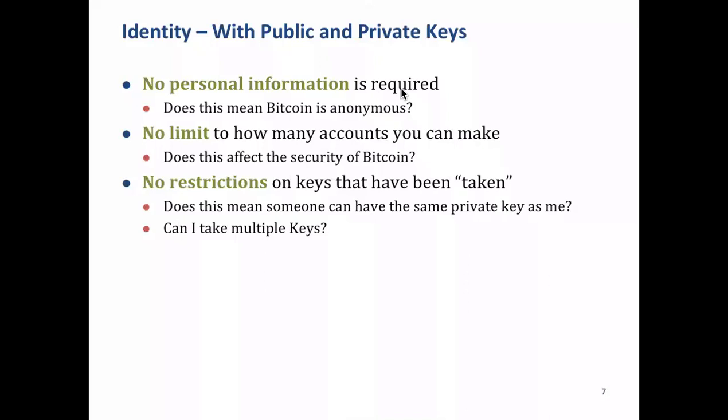It means that you are going to create your own public key and private key, right? No personal information is required, and there is no limit on how many accounts you can create. As a person, you may want to create thousands of Bitcoin accounts, you can do that. It means that if you want to create thousands of public key and private key pairs, you can do that.